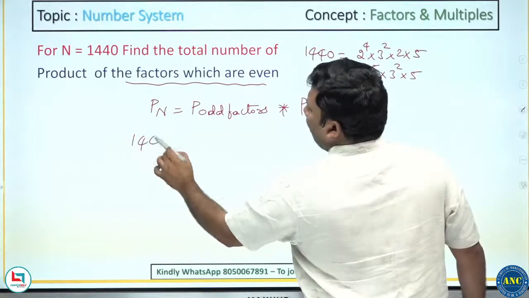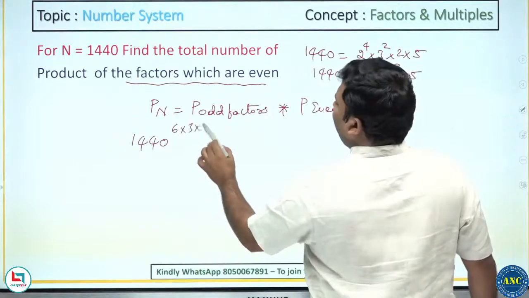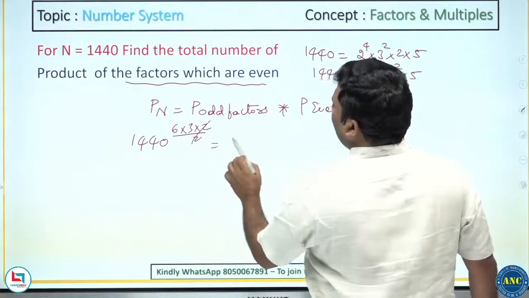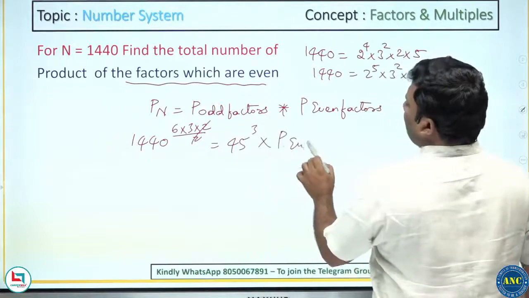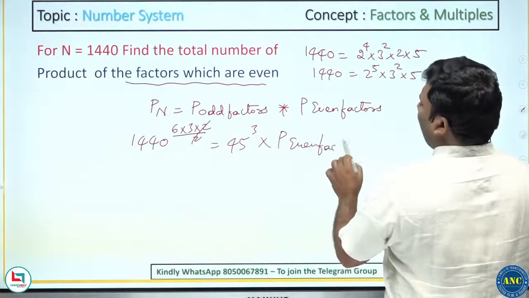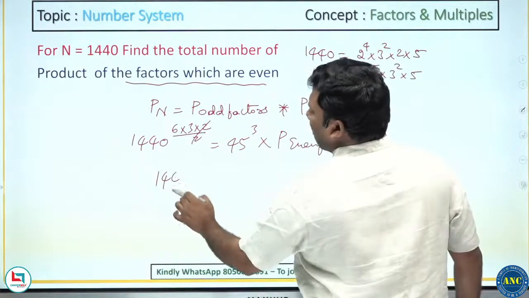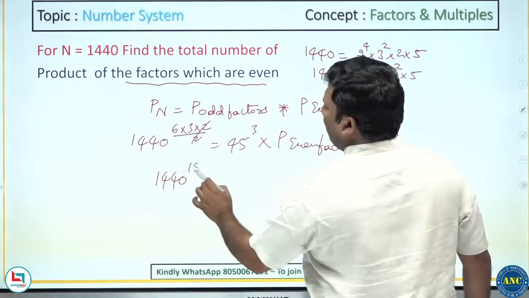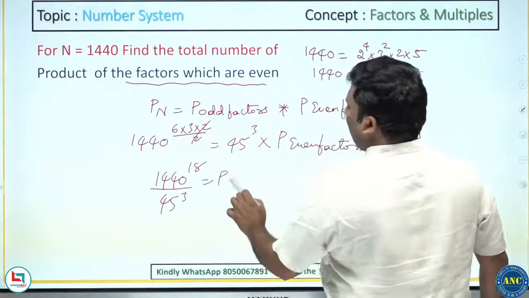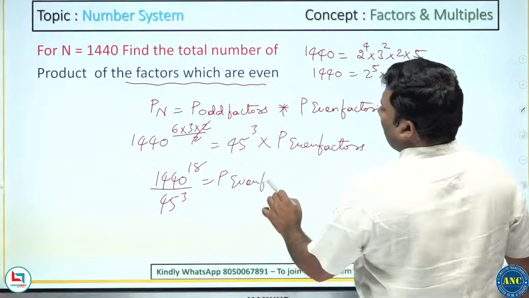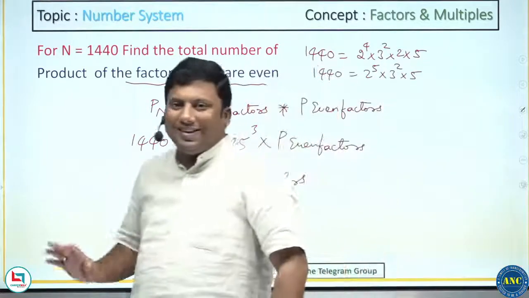Product of factors is given by number power number of factors by 2. Product of odd factors is 45 cube into product of even factors. So the answer is 1440 power 18 divided by 45 cube, which is product of even factors. I hope the idea is clear.